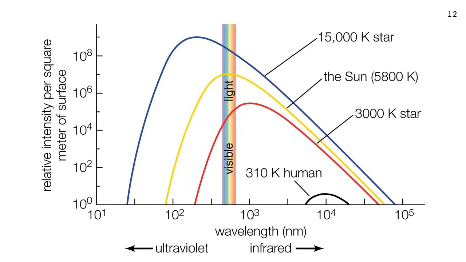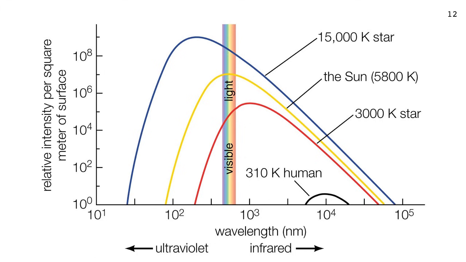So here's a really important diagram. I'm sure there's one like this in our textbook, though I don't think this is from our textbook. Go ahead and make a sketch of it. The vertical scale is relative intensity per square meter.